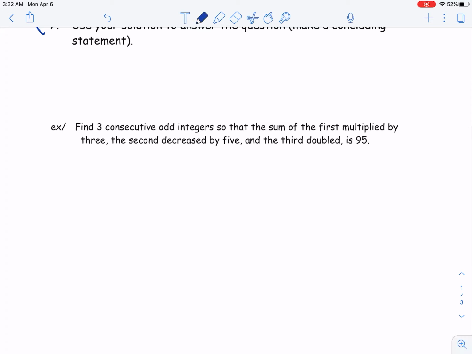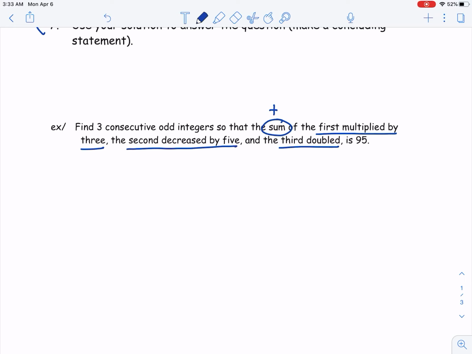Find 3 consecutive odd integers so that the sum of the first multiplied by 3, the second decreased by 5, and the third doubled is 95. So, sum, that means you're adding things together. And you're adding these 3 things together: the first number multiplied by 3, the second number decreased by 5, and the third number doubled.